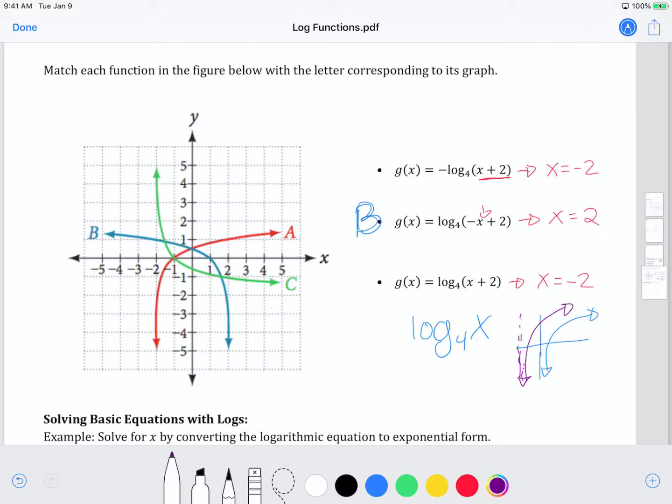And then if I want to flip it over the x-axis, then I put a negative in front of my function. And that will give me a reflection over the x-axis. So this is going to be the graph of C in green because that's been flipped. And this is going to be the graph of A because this has not been flipped. It's still increasing.